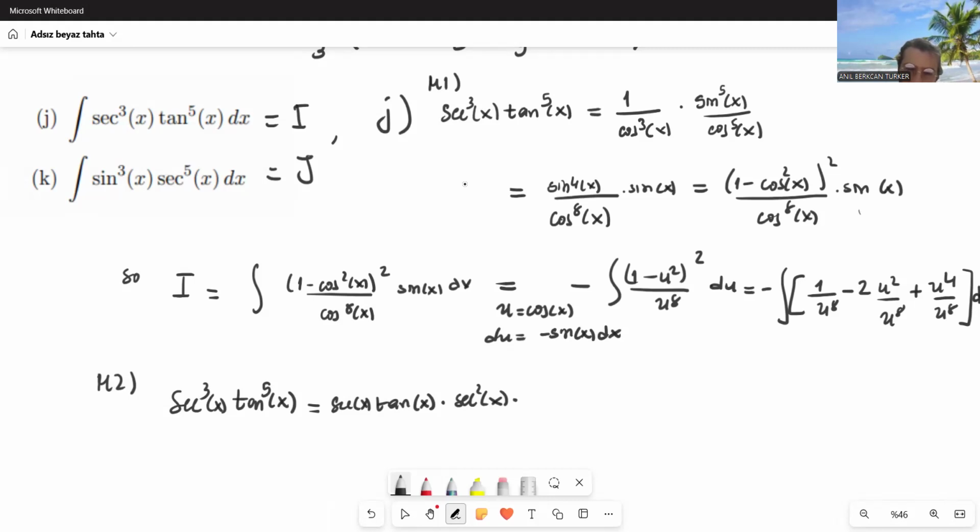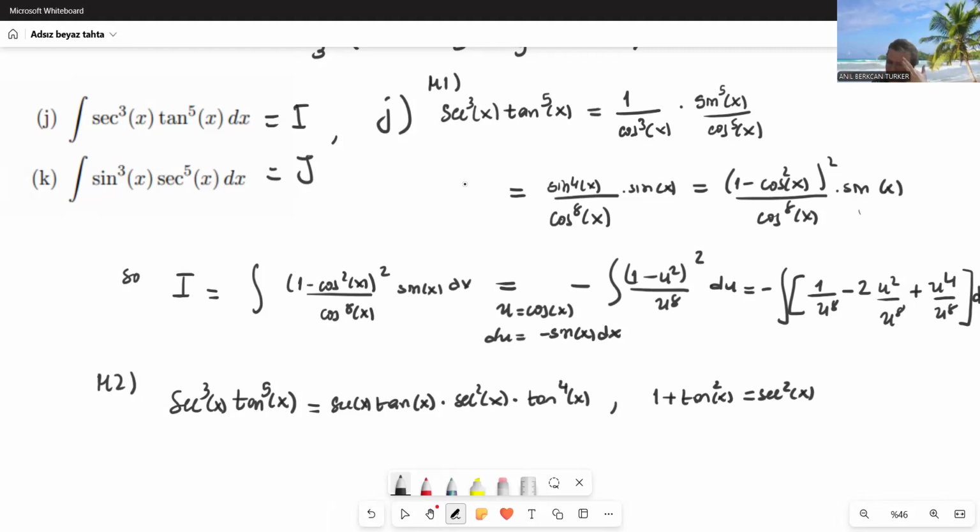Then tangent 4x. Okay, I can write them like this. And recall that 1 plus secant square x, I mean, no, not true. Tangent square x plus 1 is secant square. So instead of tangent square x, you can write secant square x minus 1.